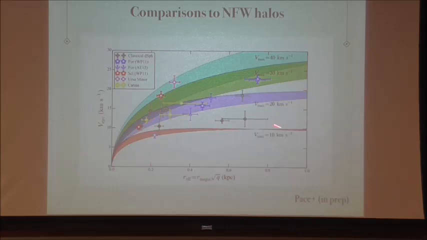Each one of these bands is the range of NFWs that have a Vmax of 10, 20, 30, 40 kilometers per second. Basically, you can think of this spread as the different spatial scales that the profile can have. The first thing you can look at is these are not consistent with a single NFW, but at the same time, it's very hard to fit a line between the two of them.